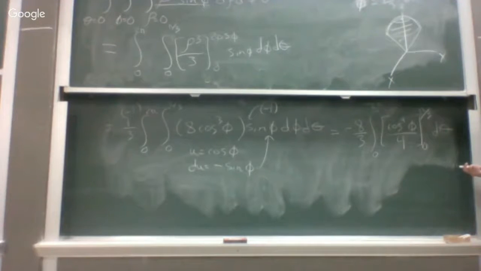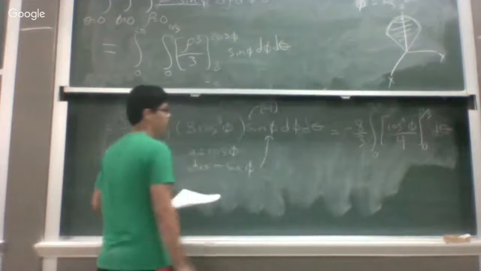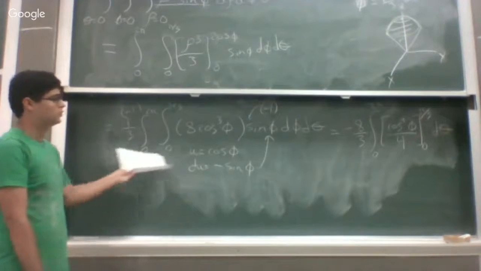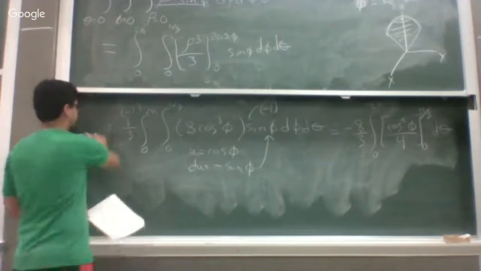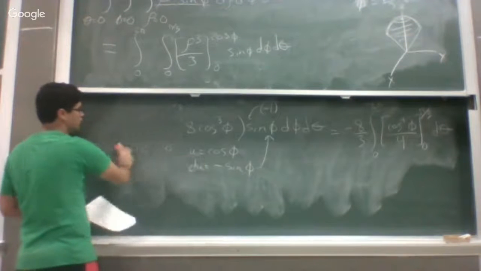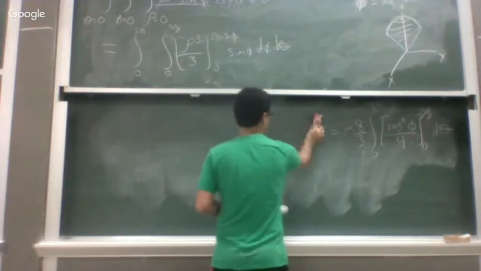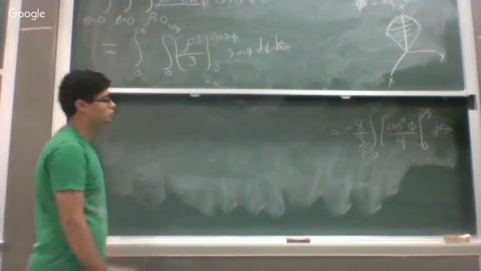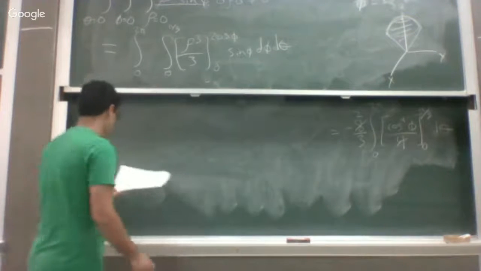Can you guys see that? Okay. Is it okay if I erase this side, just to keep it on the same board? Okay. So we did a u substitution. So we have 8 and a 4, so we can have a negative 2/3 on the outside.